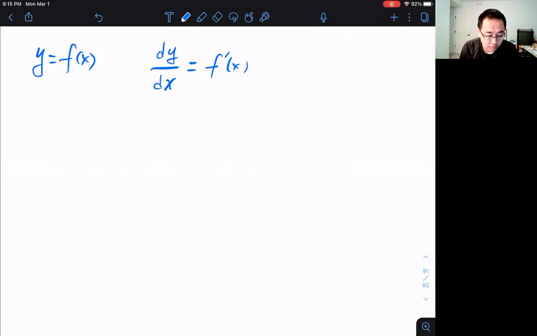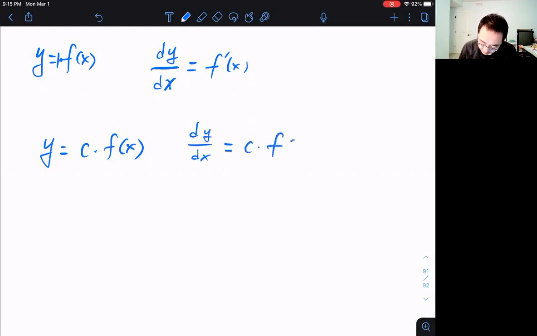Now, as a general rule, if y equals some constant times a function, in this case it was 1 times f of x before, now if it's a bigger number than 1 or whatever different number than 1, then dy dx equals c times f prime of x.